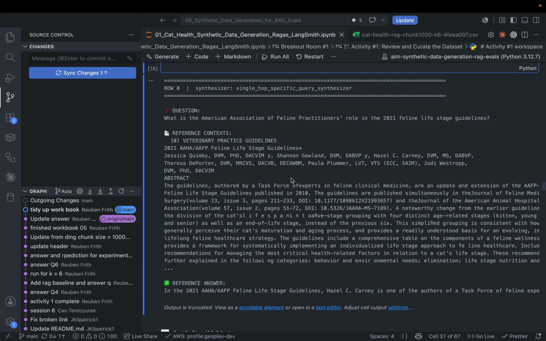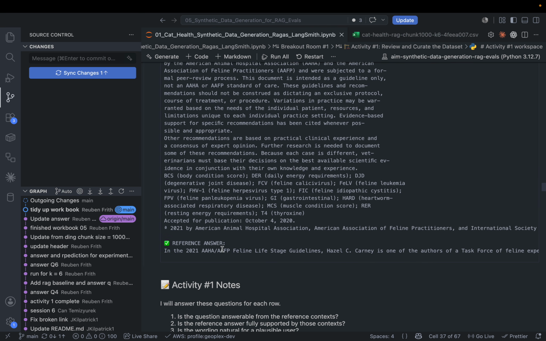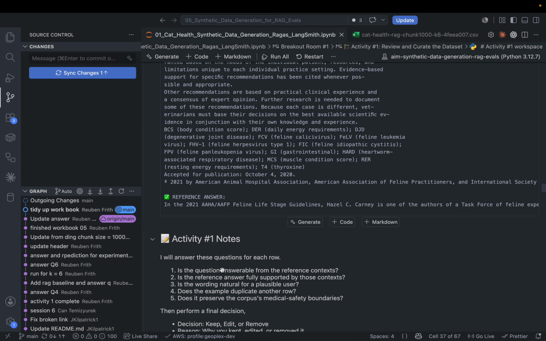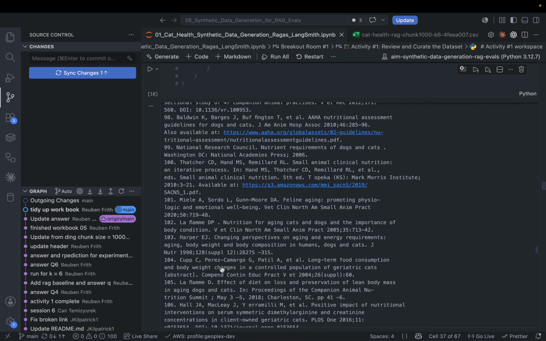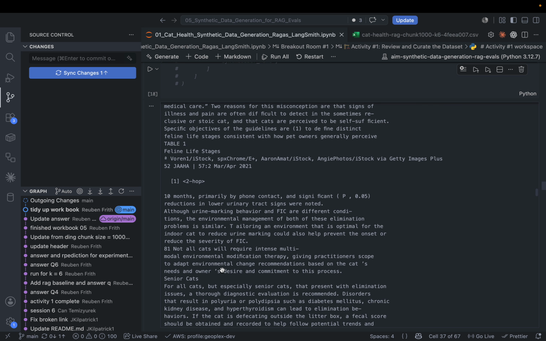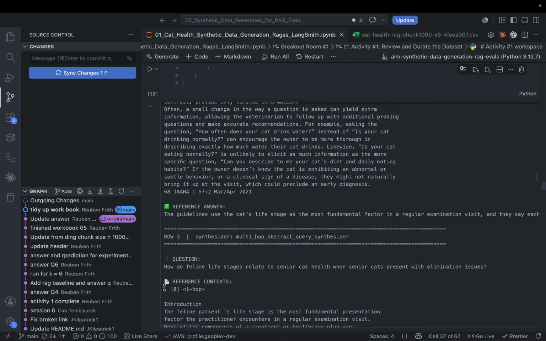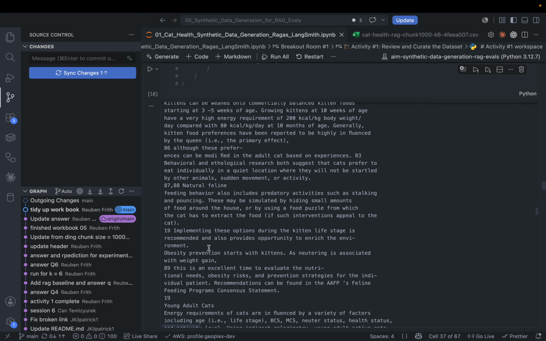So we've got our question, and then our reference context, and then a reference answer that would be generated. And then using this, we've got a database to evaluate our RAG against, where we've got a question, reference context pulled, and then answers.